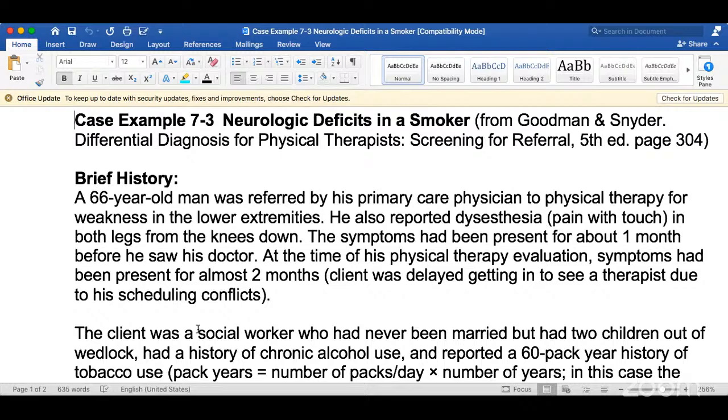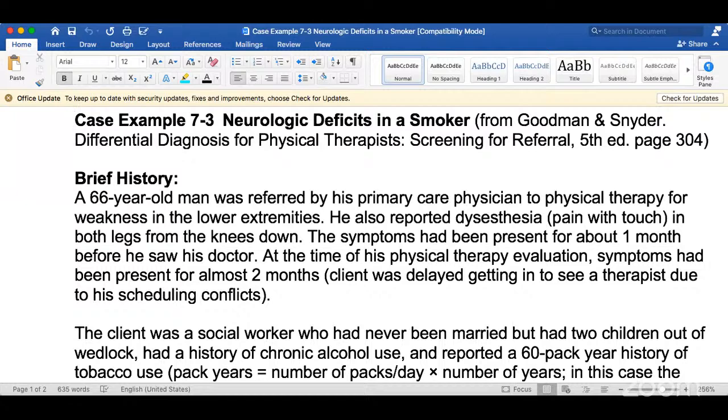So as I've always said, the key is going back to those slides and looking at what constitutes a red flag and what constitutes a yellow flag. With a yellow flag, you have to do more inquiries. But with a red flag, you don't need more inquiries. You don't need any laboratory test or radiological investigations. The moment a red flag is established, we refer. Thank you so much to all those that have contributed.